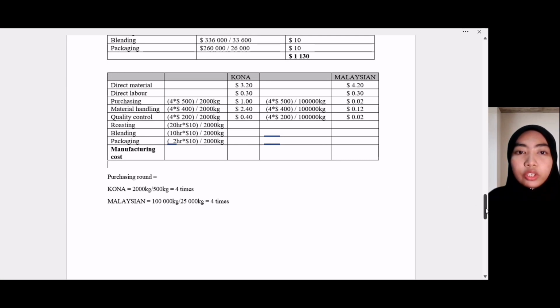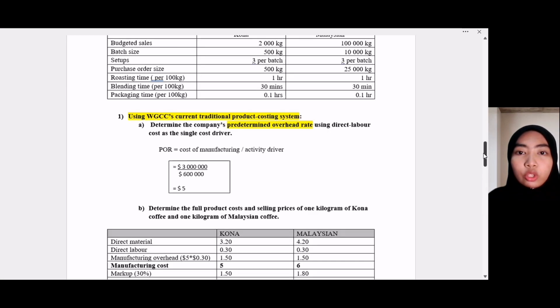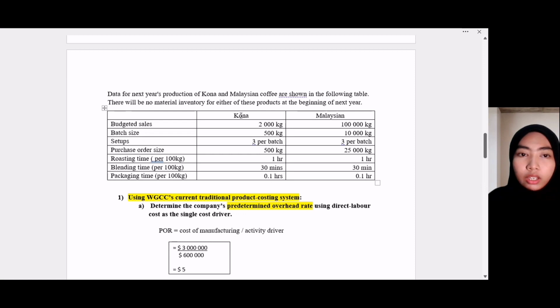To produce 2,000 kilograms of Corners coffee, we need to consume 20 hours of roasting time. For the blending time, we need 10 hours. And for the packaging, we need 2 hours to produce Corners coffee. And for the Malaysian coffee, it consumes 1,000 hours for 100,000 kilograms, and then 500 hours for blending, and also 1,000 hours for packaging time.